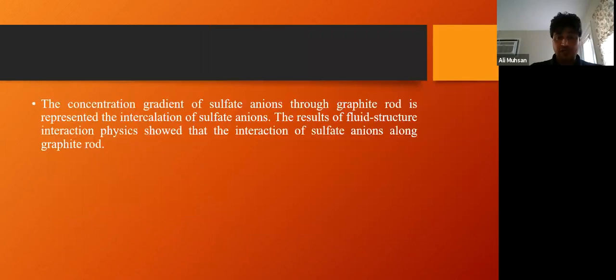The concentration gradient of sulfide anions through the graphite rod represents the intercalation of sulfide anions.